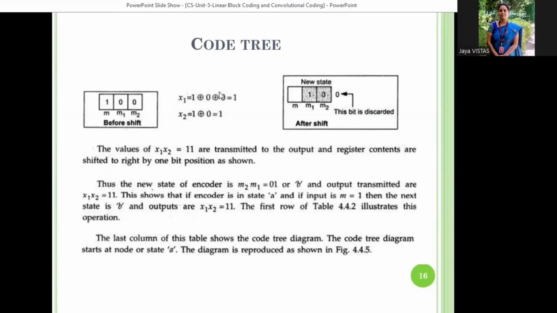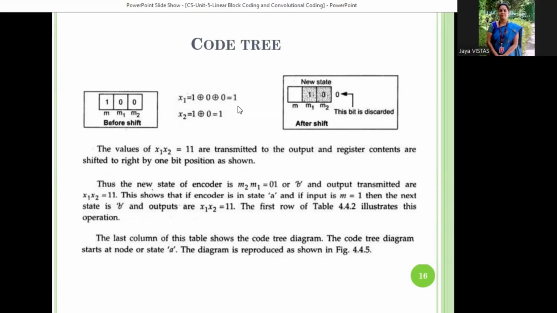In XOR, same inputs give output 0, and different inputs give output 1. For example, 1 plus 0 plus 0: 1 plus 0 are different inputs, so the output is 1. Then again 1 plus 0, these two are also different inputs, so the output is 1.